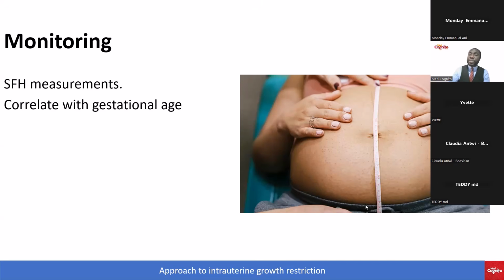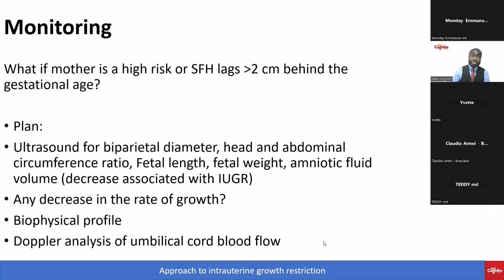So symphysis, if you see my mouse, the pubic symphysis to the fundus of the uterus. So you're going to monitor that routinely, and then you're going to correlate that with gestational age. If you have a patient with IUGR, that's what you're going to do. SFH measurements will have to be done regularly, and then you want to correlate that with gestational age.